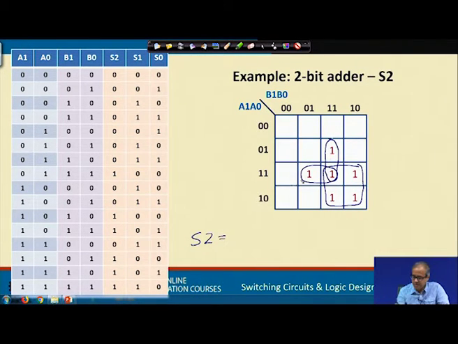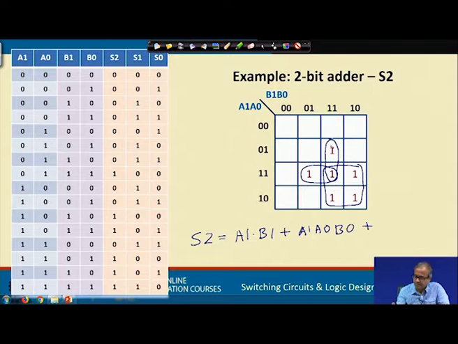Your S2 will be this bigger one, A0 cancels out, only A1 and B1. Or let us take this one first, 1 1, which is A1 A0, and 0 1 1 1 means B0.